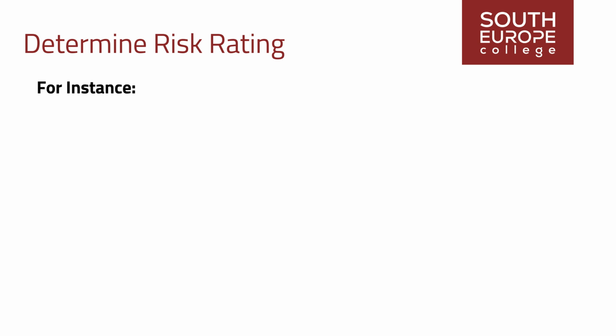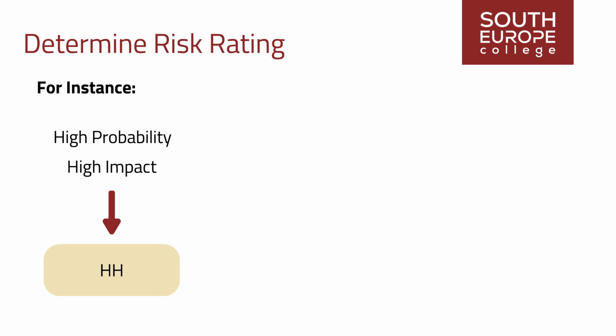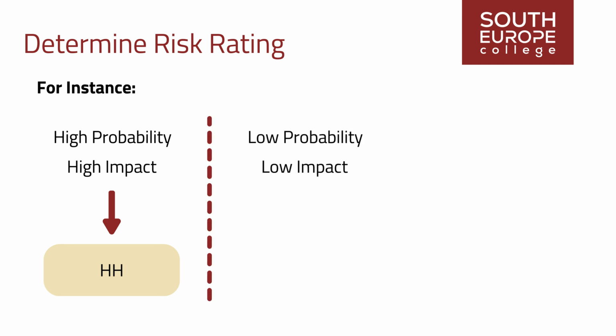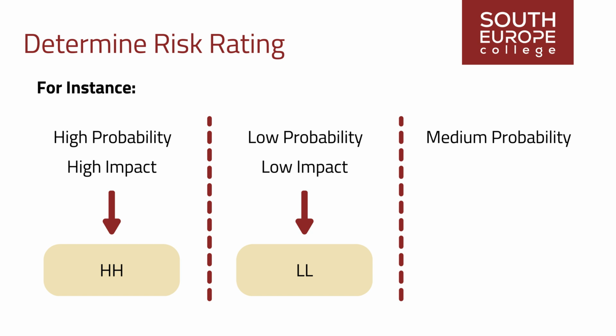For instance, risks with a high probability of occurrence and severe impact result in a high-priority classification, denoted as HH. Conversely, risks with a low probability and minimal impact are classified as low priority and marked as LL. Risks with a medium probability and medium impact are classified as medium priority, marked as MM.